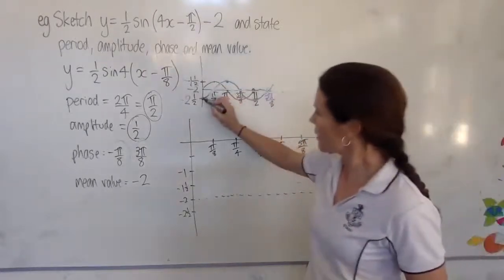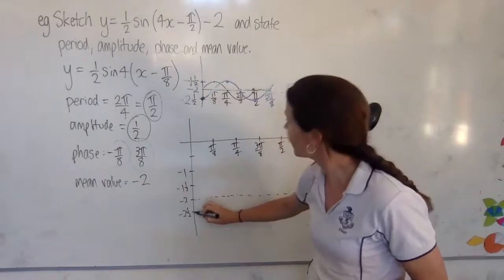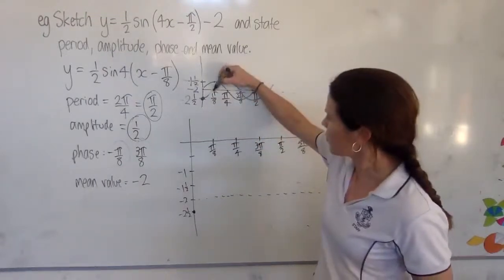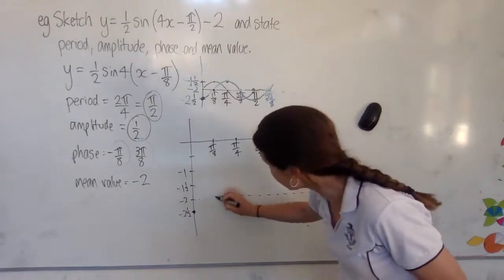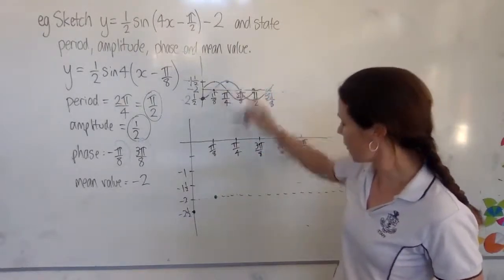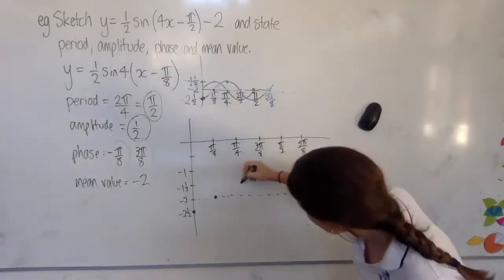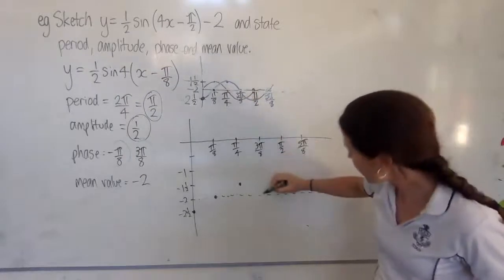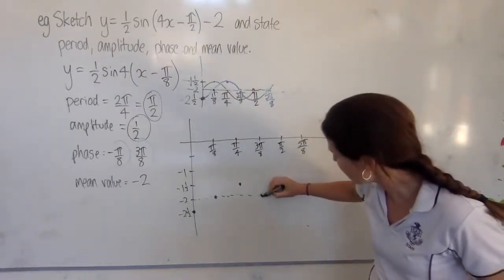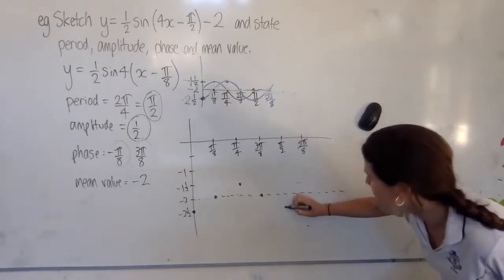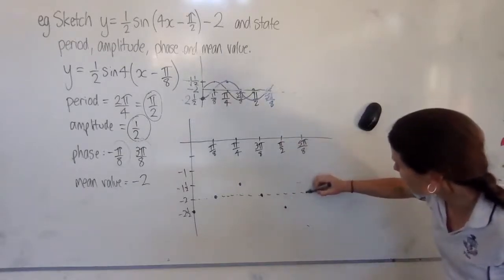Now I need to start down here on -2.5. That's my low point. Pi on 8 is going to be right on the dotted line. Pi on 4 is my high point, so it's up here at -1.5. 3 pi on 8 is where I'm back going through y equals -2. And continuing down, I've got my low point, and then back to the midpoint again.